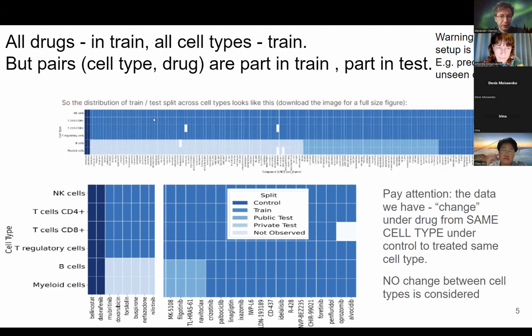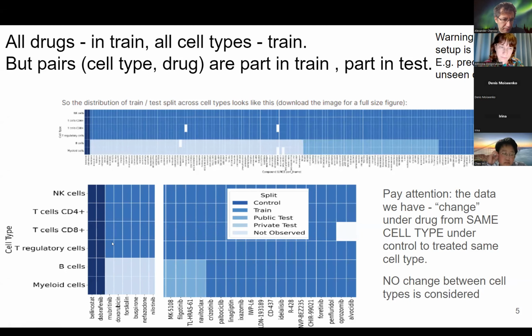So you see this picture. This dark blue is the train set, and this light blue is the test set. Here below are the names of the drugs. You see we have information in the train for these 4 cell types, which you can see magnified here, and we need to predict for the other cell types, for the same drug.